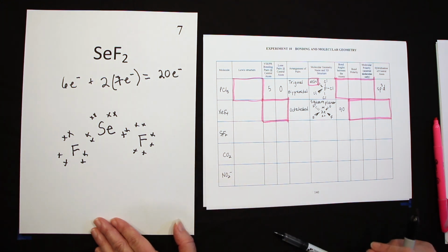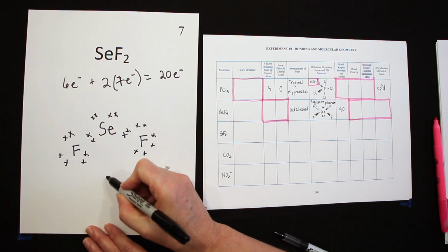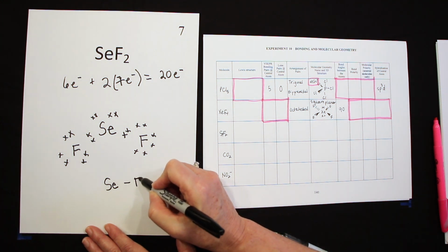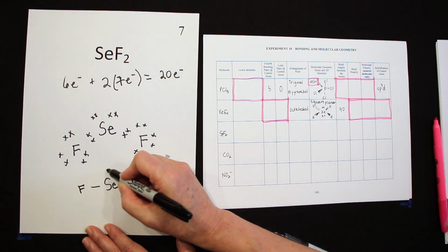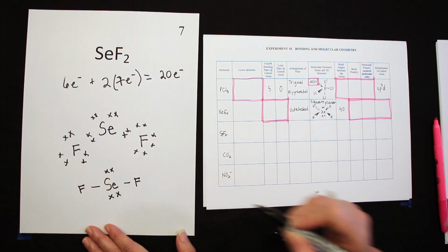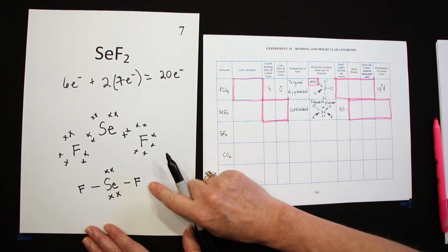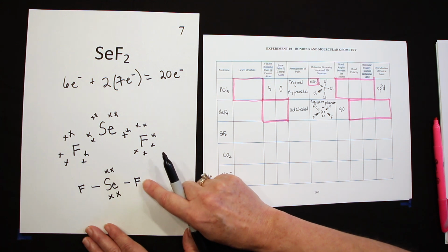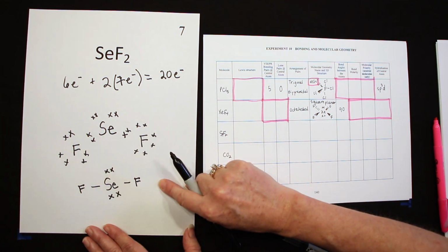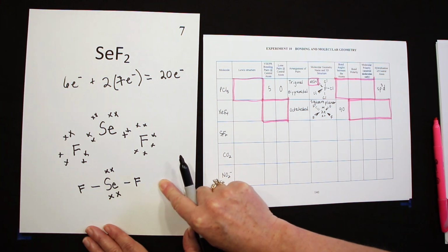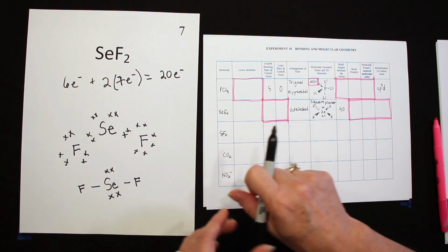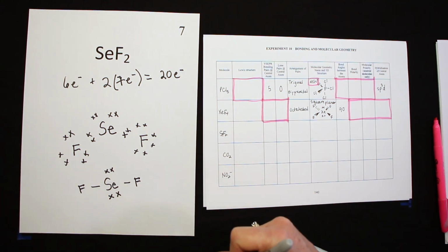I'd like to point out here, frequently I will abbreviate this way. And this is not my favorite way to see a Lewis structure for this arrangement and molecular geometry. It may give you the impression that it is a very linear and nonpolar molecule, but we're going to find out this is one of the most polar molecules around.